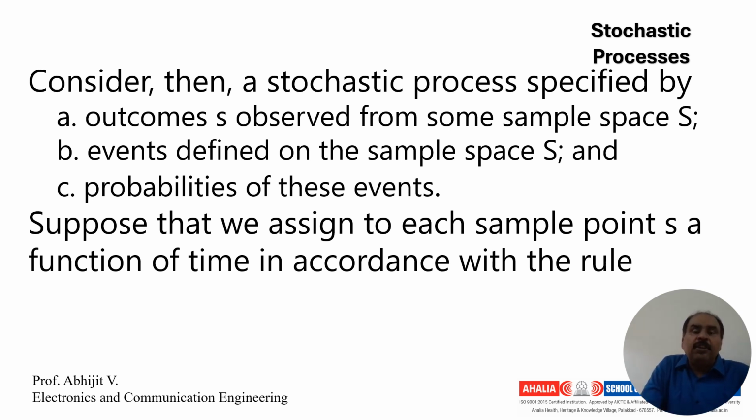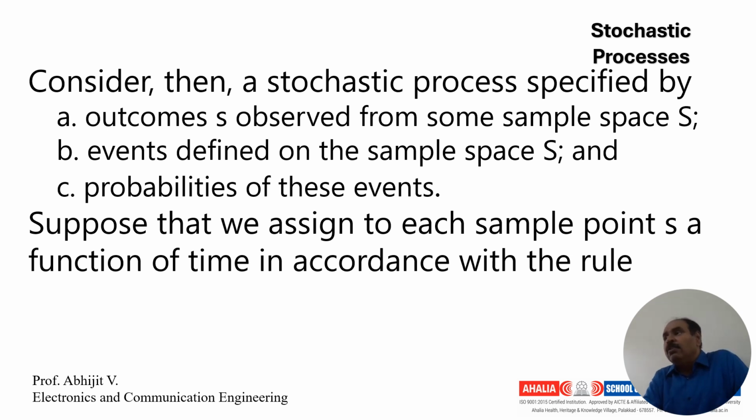Let us consider a random experiment with outcomes observed from some sample space, we call it S, and events defined on the sample space and the probability of these events. Suppose we assign to each sample point a function in accordance with a rule.